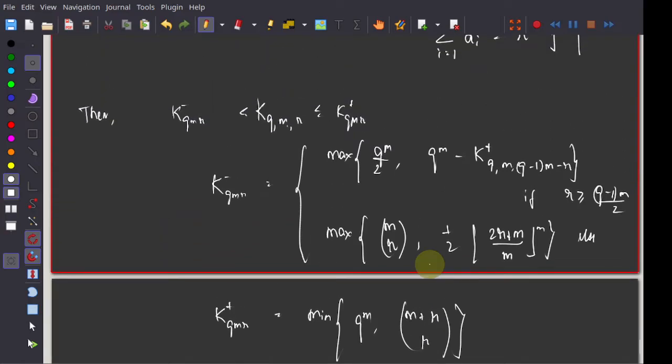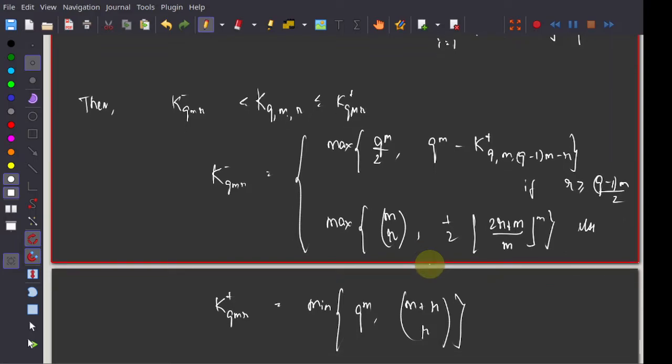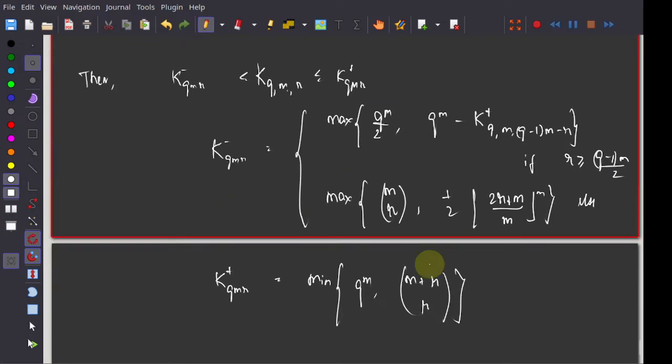But if Q is less than or equal to R, then you only have these upper and lower bounds. If you're interested in the proof, you can take a look at the textbook, which is Essential Coding Theory by Guruswami, Rudra, and Sudan.